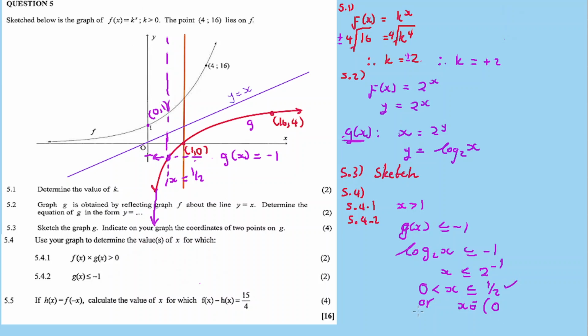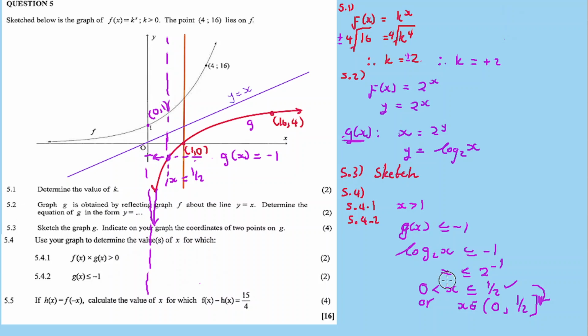You can write it this way or using interval notation, with 0 excluded and 1/2 included. I explain with interval notation just to bring more clarity as to why I am placing 0 as a restriction. My function does not go beyond 0, because x equal to 0 is the asymptote.